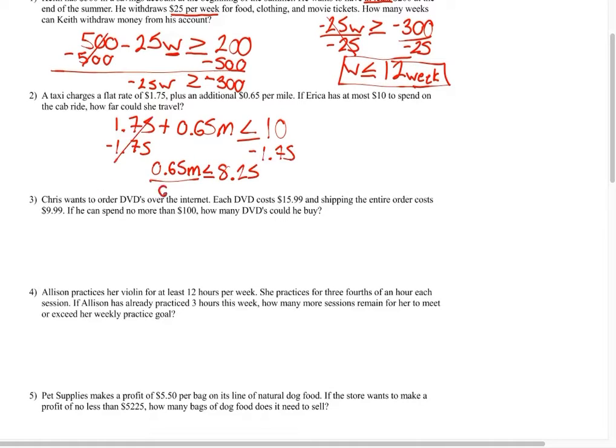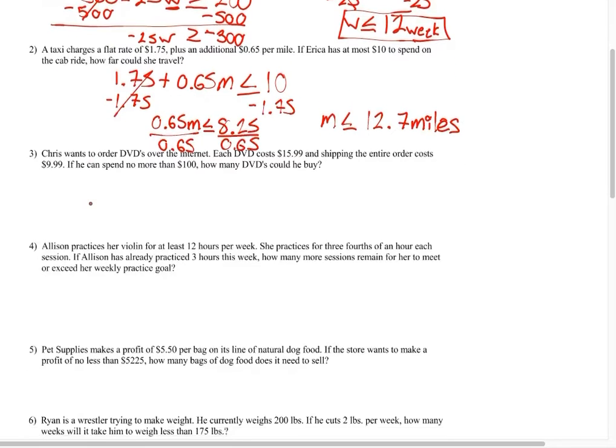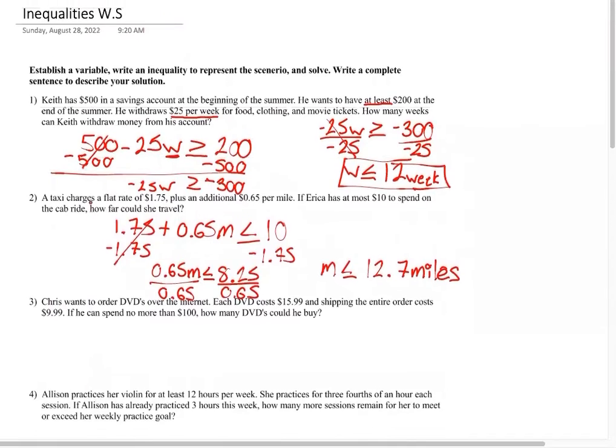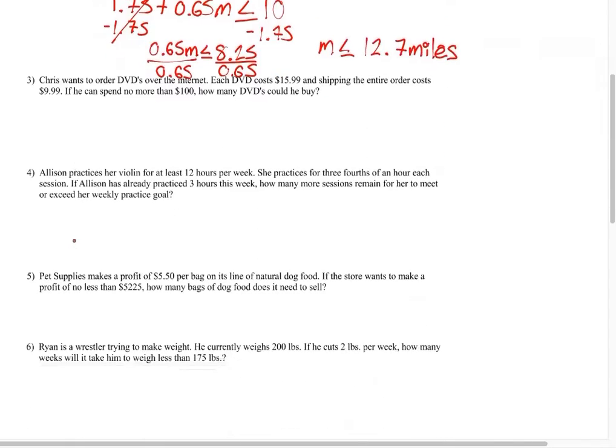Then the last step to get m by itself is to divide by 0.65 on both sides, and we'll find that Erica can travel a total of, let's see, 8.25 divided by 0.65, a total of 12.7 miles. So the number of miles has to be less than this number. I guess the most important part about these types of equations is being able to write the situation based off the question that they're asking you.